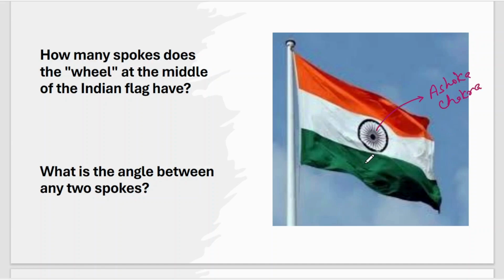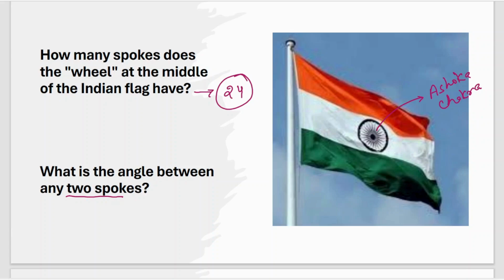Now how many spokes are there in this wheel? Any guess? So let me tell you now, it is 24. Okay, in number. So we can say there are 24 spokes in the wheel in the middle of the Indian flag. Now we can easily find the angle between any two spokes of this Ashoka Chakra.